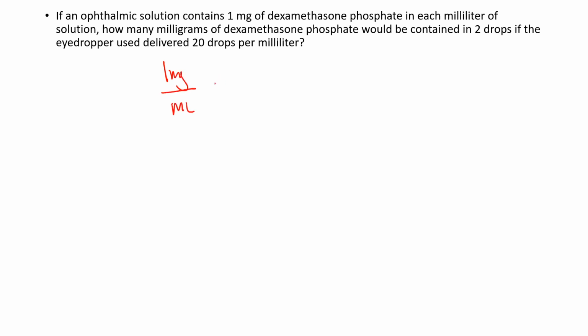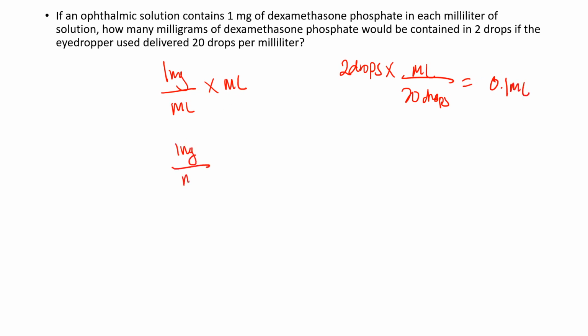However, they used a dropper, so we need to multiply by how many ml was given. 2 drops were given, with a calibration of 20 drops per ml, so you would have 0.1 ml delivered. So 1 milligram per ml multiplied by 0.1 ml, you have 0.1 milligram of dexamethasone.